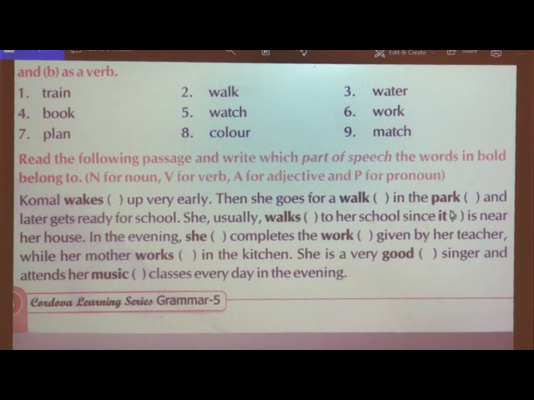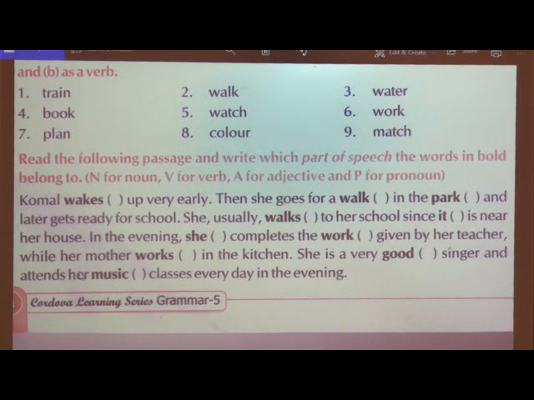So you write P, that is pronoun. Is near her house. Now, in the evening, she. She is also used instead of a noun, so we write P. Completes the work. Now, what is work? Yes, it is also a noun, the name of some work. So here you write N.